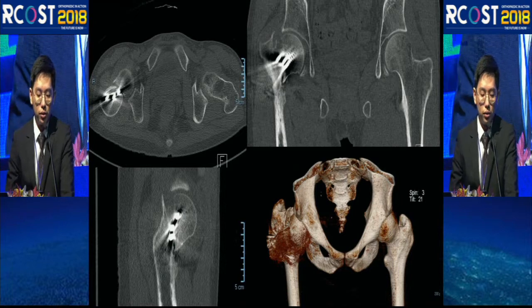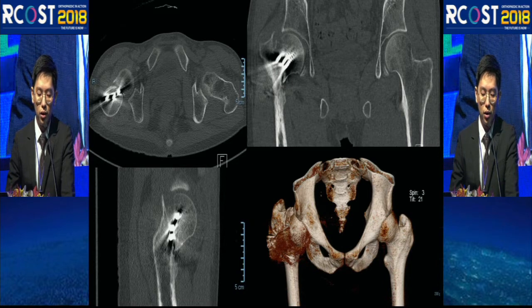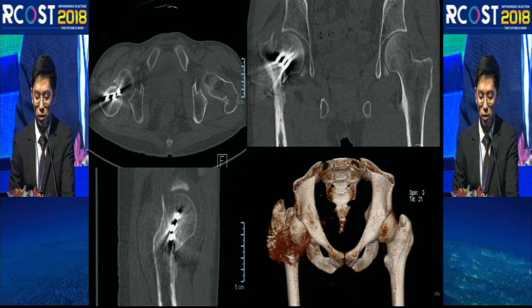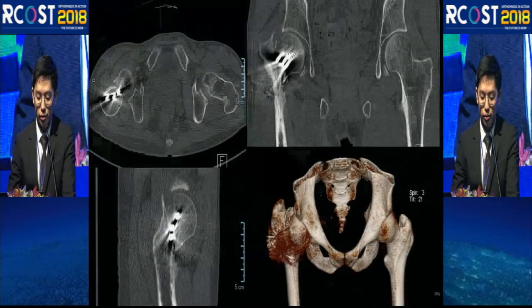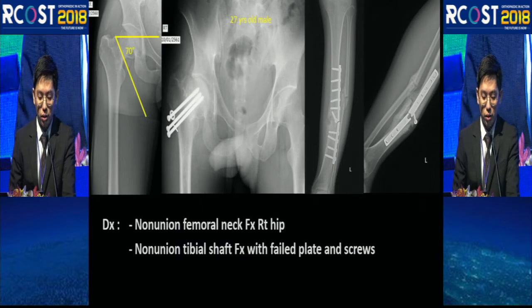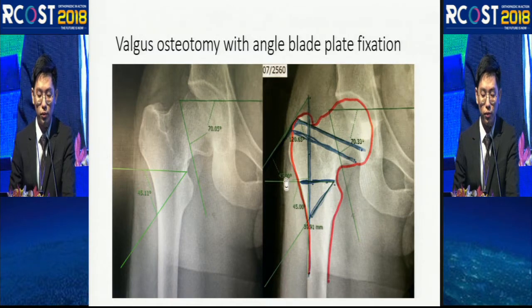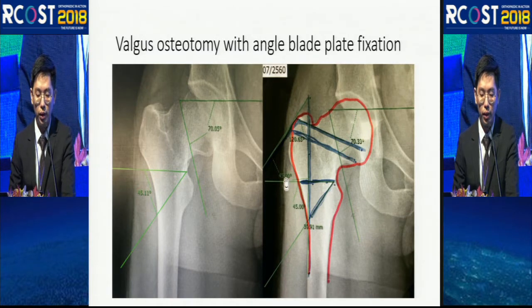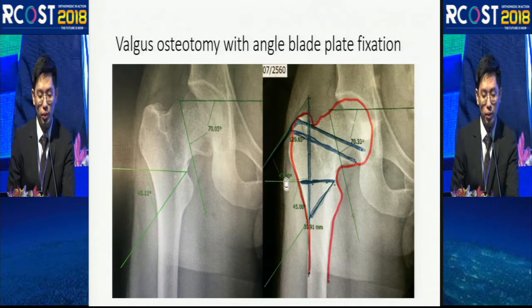So we sent for a CT scan to confirm the non-union and found a gap all around the neck of the femur. So we decided to perform valgus osteotomy with an angled blade plate at the right hip, and we made a template for the patient.